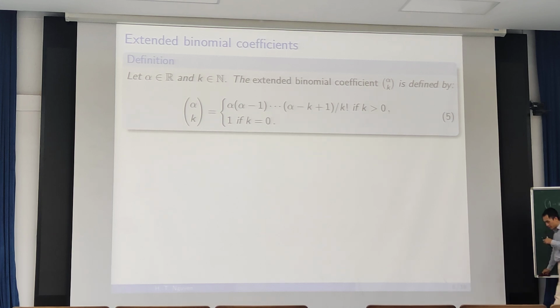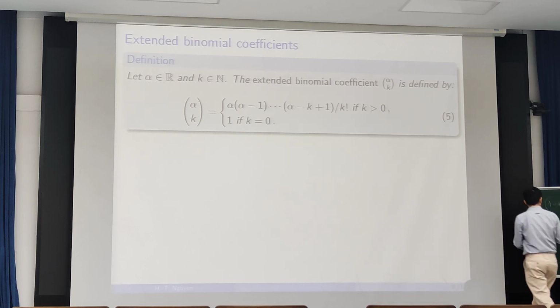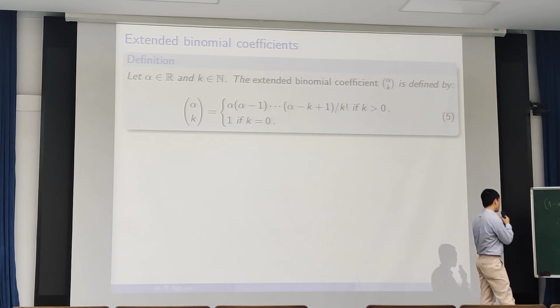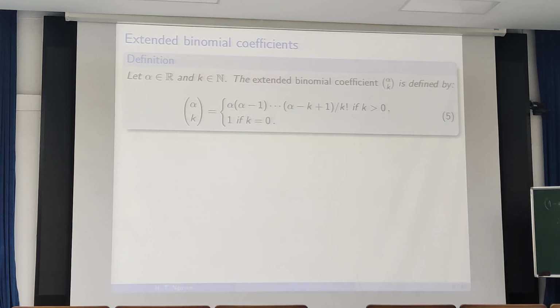Okay? So that's where the idea comes from. So if we write our normal binomial coefficient this way, and we replace n with an arbitrary real number alpha instead of an integer, then we obtain this formula for the extended binomial coefficient. Okay? So you write the same formula as for the normal binomial coefficient, except that you replace the integer n with an arbitrary real number alpha.